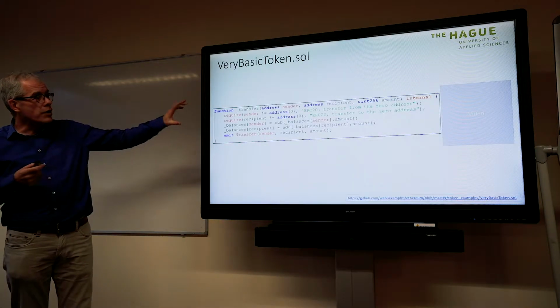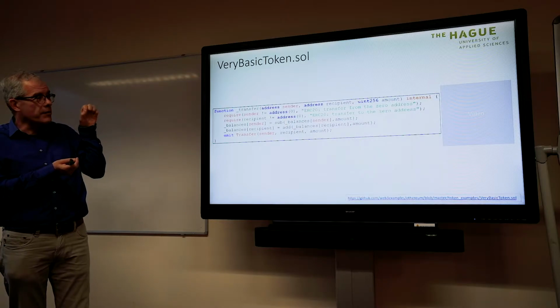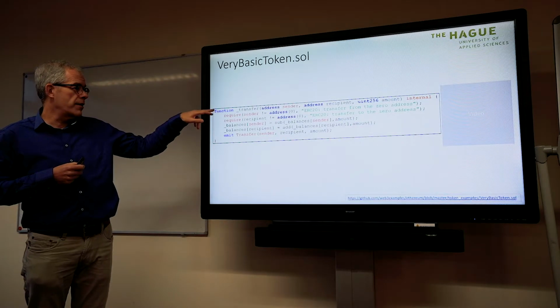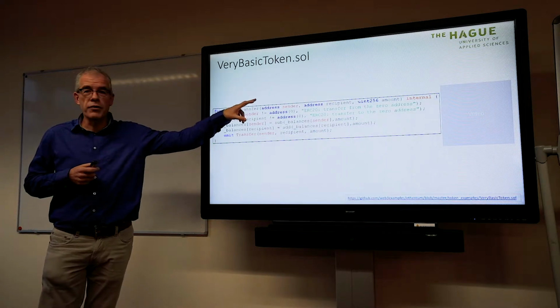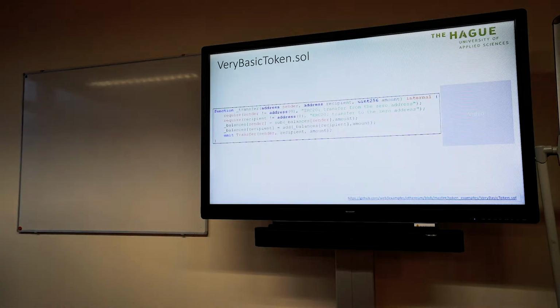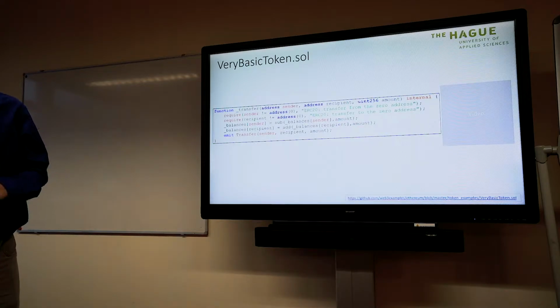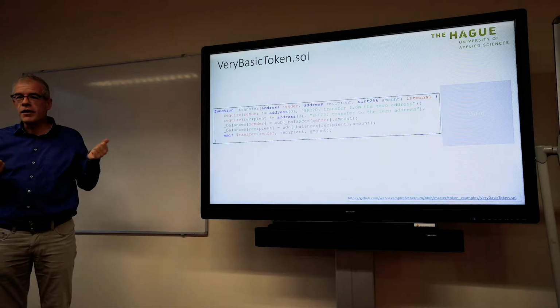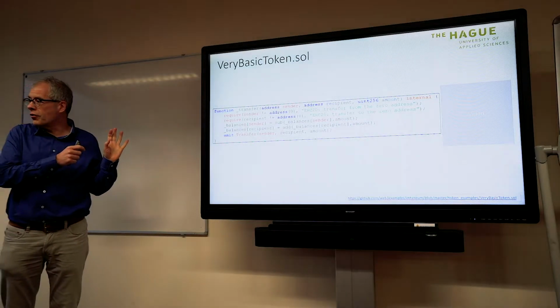Now we're going to look at the central part of the contract, so we zoomed in a little bit. There we have the transfer function, which transfers the tokens from one place to another. What's important to know is that the registration of the tokens is all done within a smart contract.